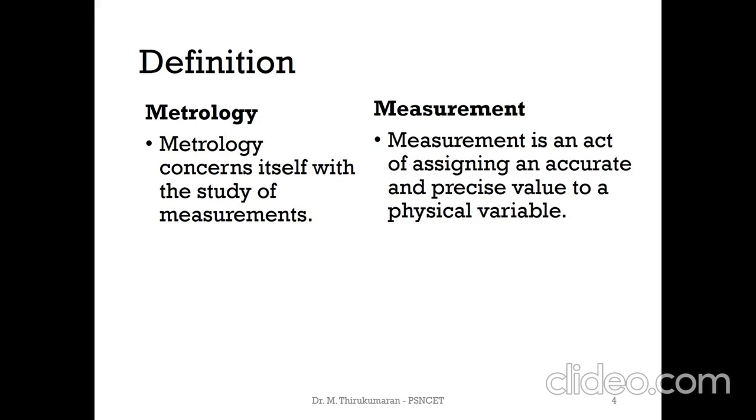The engineer can say it's a science of measurements of length and angle and related quantities like width, depth, diameter and straightness with a high accuracy. Metrology is concerned with the establishment, reproduction, conservation and transfer of units of measurements and their standards.